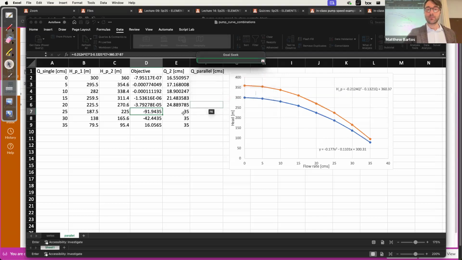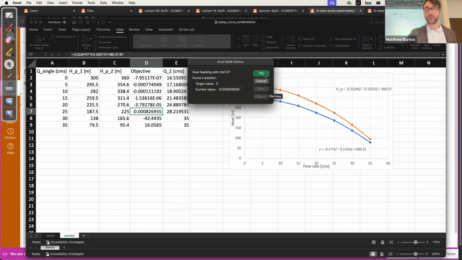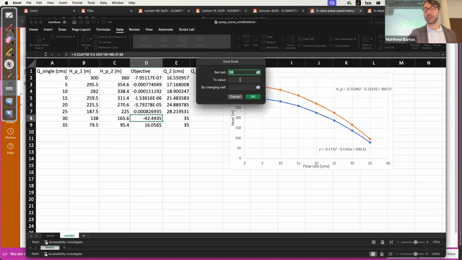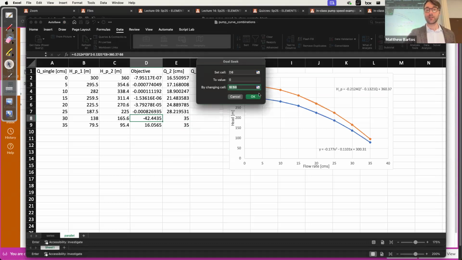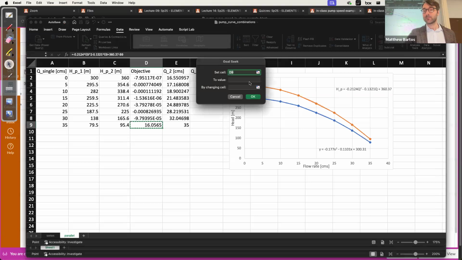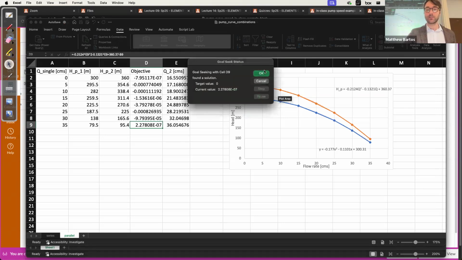If you're not able to get the same numbers as I do, there are a couple of solutions you can use while still using Excel. One would be to use Solver and then impose a constraint on your solution to make sure that it's positive. That's one way of doing this without resorting to an external root finder. The fastest way is probably to use a programming language, but I won't require you to do that.